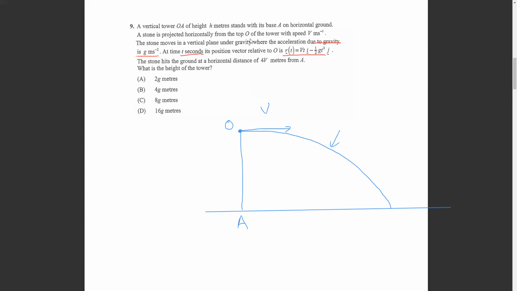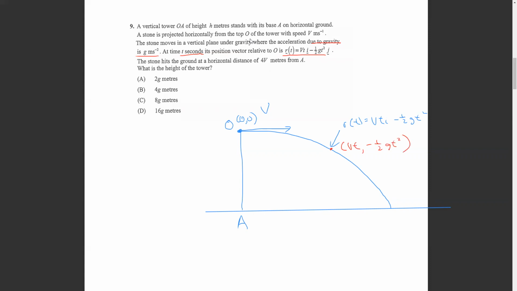You're told that at any point at time t, the position vector relative to O, so this is our 0, 0, is r(t) equals vt i minus half g t squared j. So really, they're saying that at any point in time, you're going to be at vt across and negative half g t squared down.